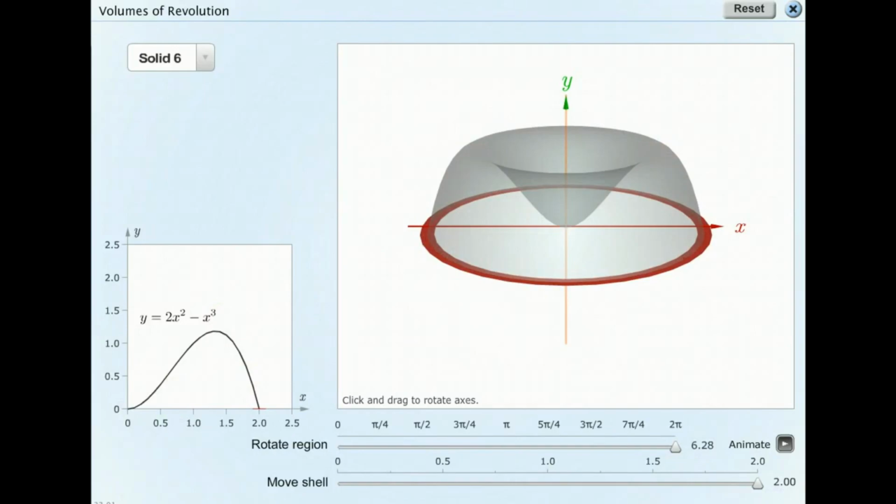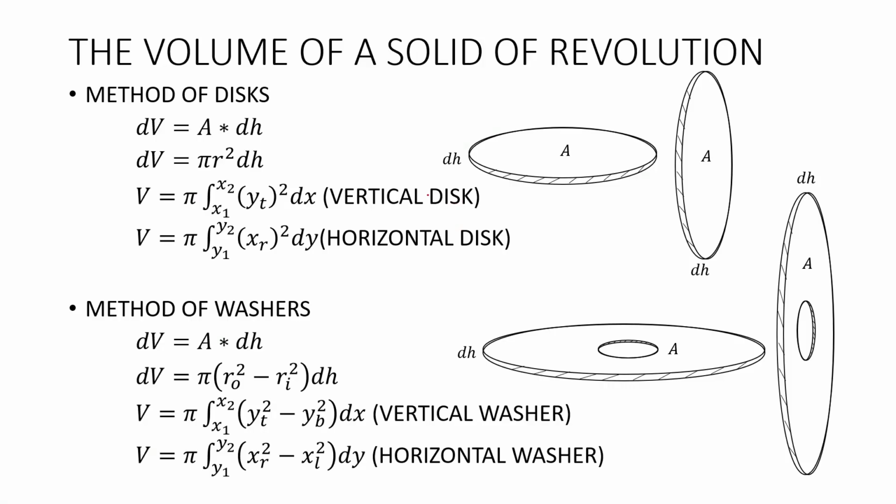Of course, when solving the problems later on, we have to do it manually because we're not allowed to use any software in illustrating the volume. Okay, as you can see in the previous slide, you have two types of disk, like a plate.